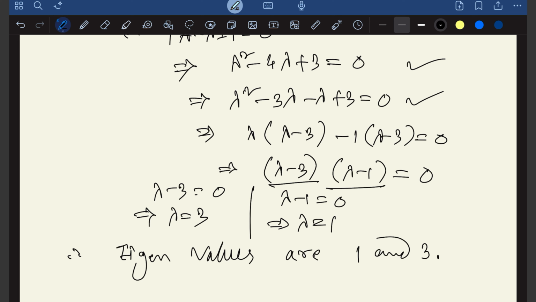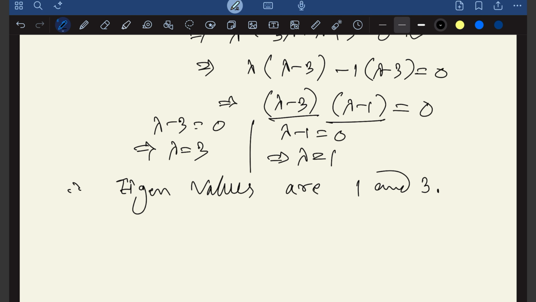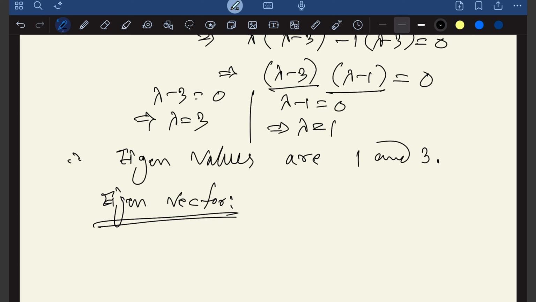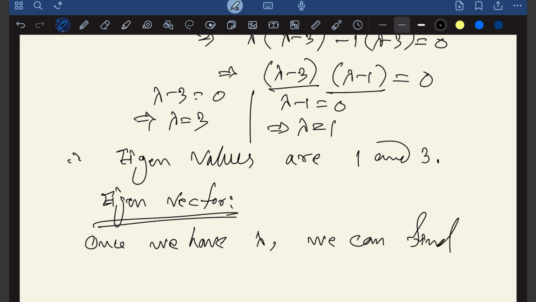So how to find the eigenvector? Let's see how to find it. We need to find the eigenvector corresponding to the eigenvalue. Once we have lambda, the eigenvalue, we can find the eigenvectors.